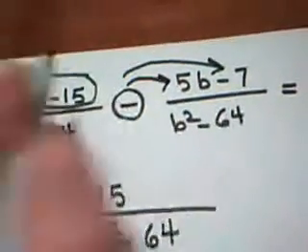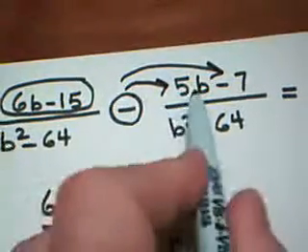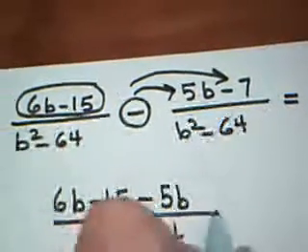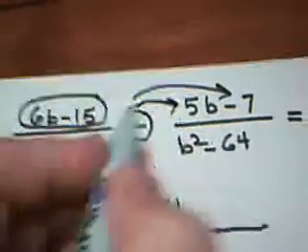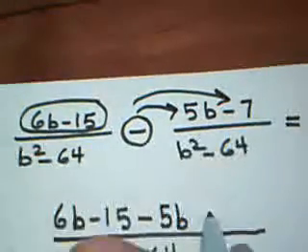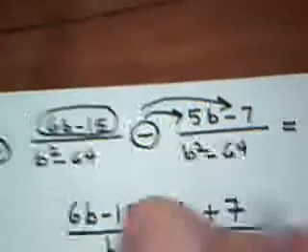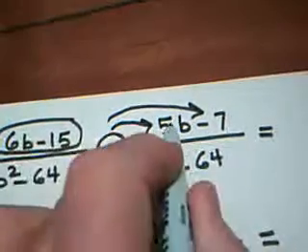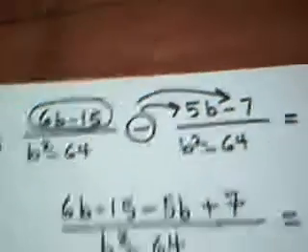So, this minus sign affects the 5b and makes it a minus 5b. This minus sign affects the negative 7 and makes it a positive 7. It's analogous to multiplying everything in this numerator by a negative 1.